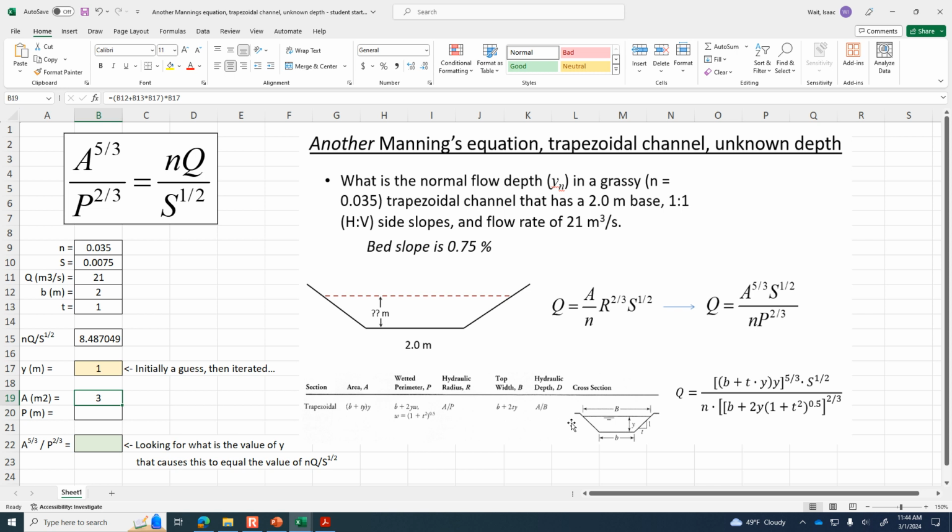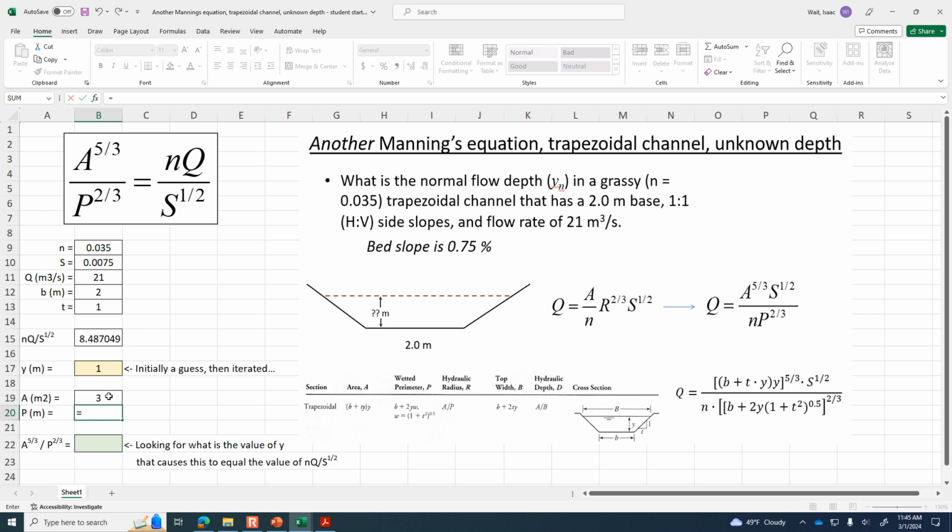So yeah, area is 3 meters squared. So it's set up correctly. We have confidence that this area is giving us something reasonable if we can verify it with pretty easy to calculate depth and area. All right, what about wetted perimeter?